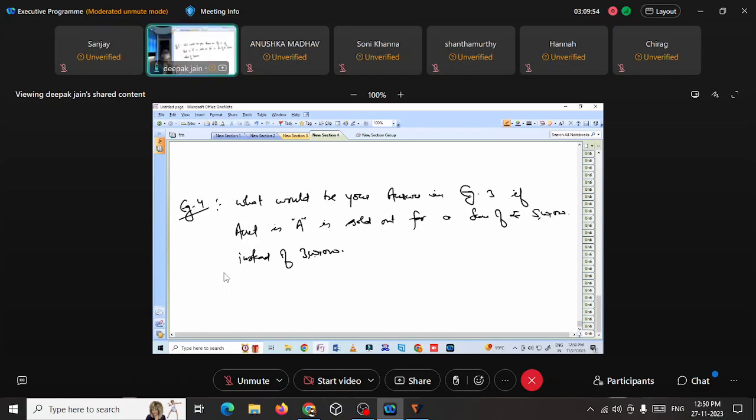Keeping the question intact, I have changed only one piece of information. Sale price is increased from 3 lakh to 5 lakh.